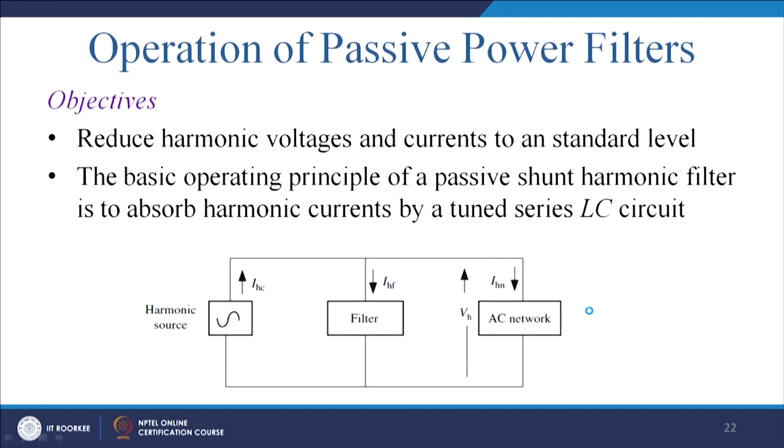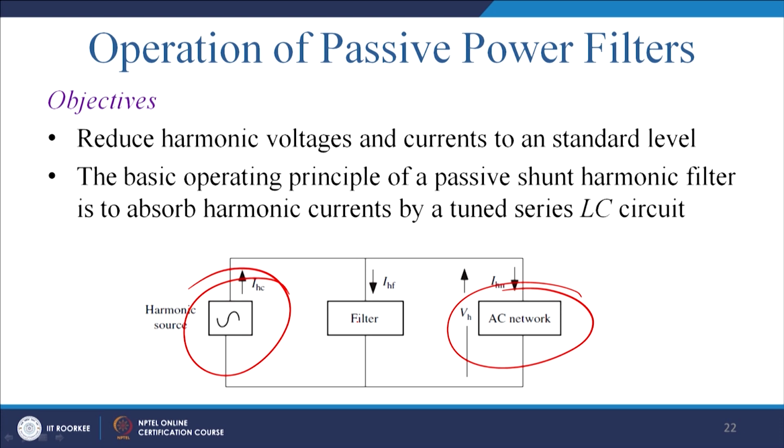Now, the objective: the operation of the passive filter, how it has been done. You have some harmonic source, and thus it will sink the harmonic here, and you have an AC network that will be free from the harmonic. That is the way it has been designed.